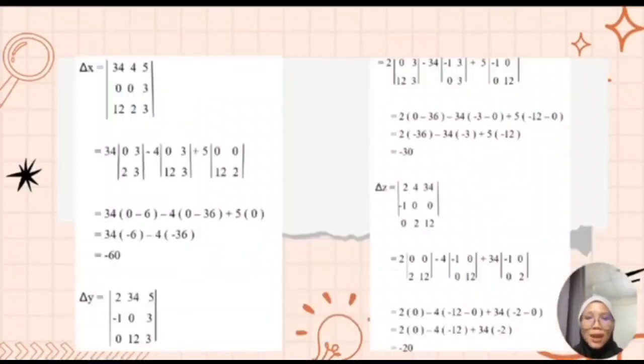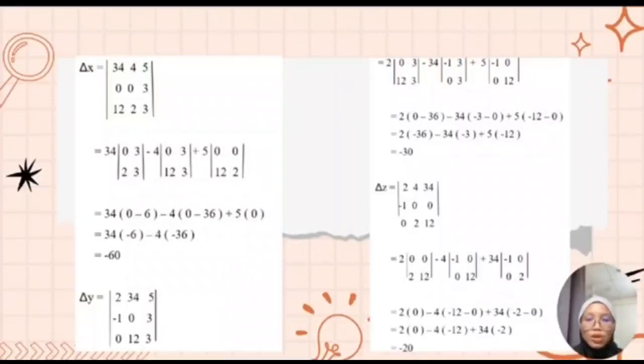Okay, the next step, we will put 34, 0, and 12 in column 1, 4, 0, and 2 in column 2, and 5, 3, 3 in column 3. After we find the determinant of x, we will get the answer -16.